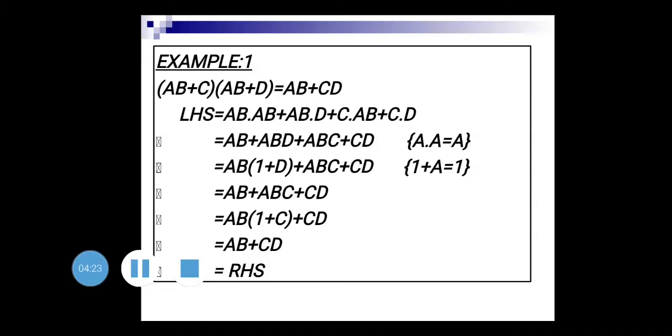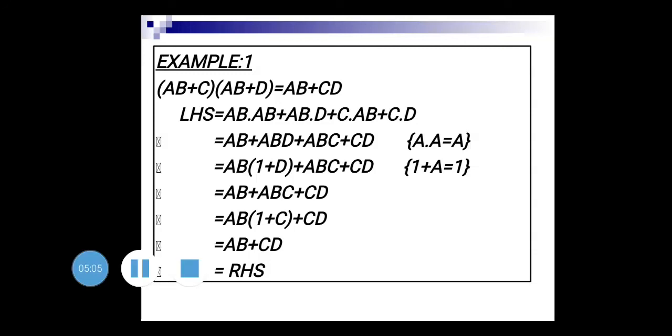Now in this again, if you check, the AB is common with the second literal, AB plus AB plus D. In this, AB is common.